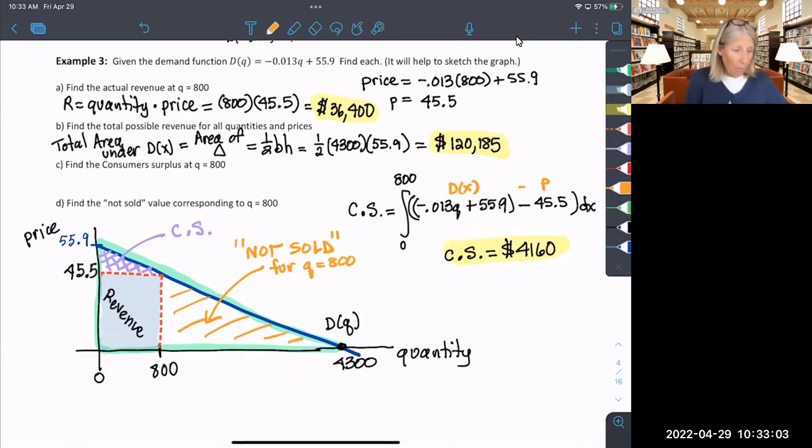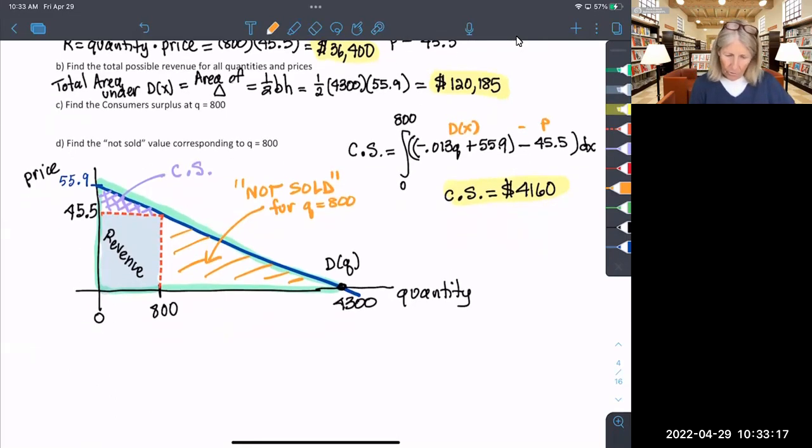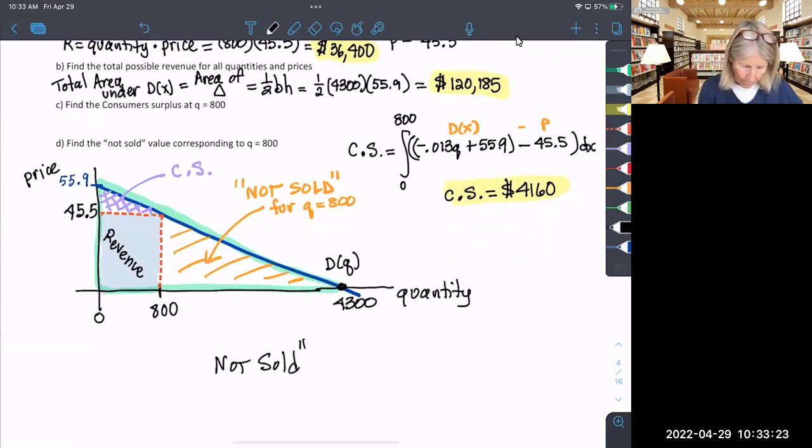Okay, now, again, you have two ways to get this value. It's a triangle. You can do area of a triangle, or we can do integration, right? Integration gives us area under the curve. Well, let me set up. I'll do an integral for my not sold section. Okay, so not sold, so to speak.